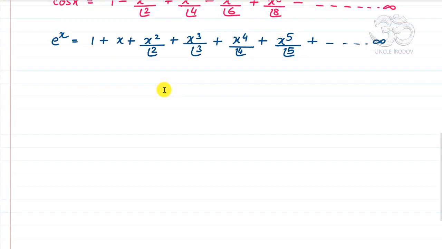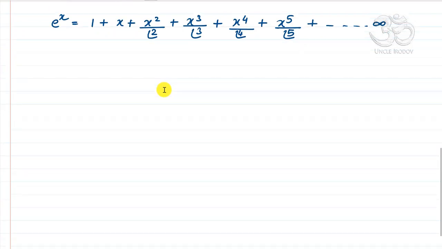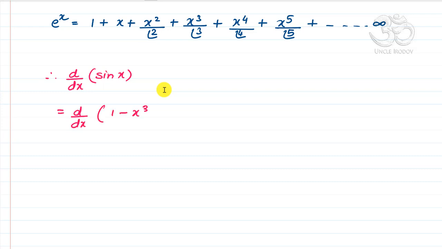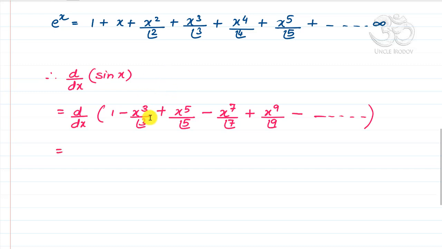So let's have a look at d by dx of sine x. So d by dx of x minus x cube by factorial 3 plus x power 5 by factorial 5 minus x power 7 by factorial 7 plus x power 9 by factorial 9 minus so on, and the series will go on. When you try to find the derivative, you do it for the first term, then the second term, then the third term, right?